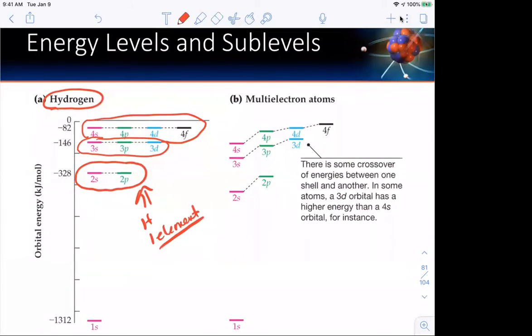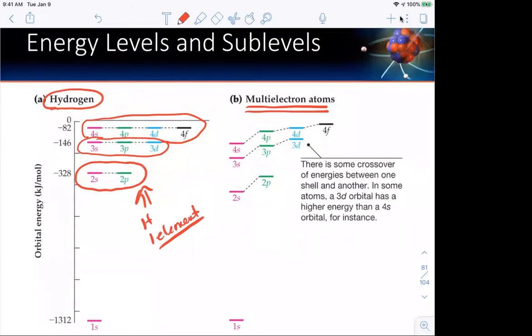Although I would like you to know that hydrogen has, in every shell, all the sublevels at equal energy, or degenerate. As I go into these more complicated multi-electron systems, the picture gets really, really complex.